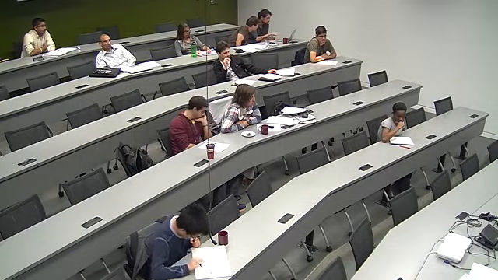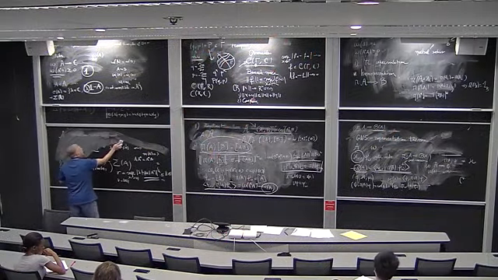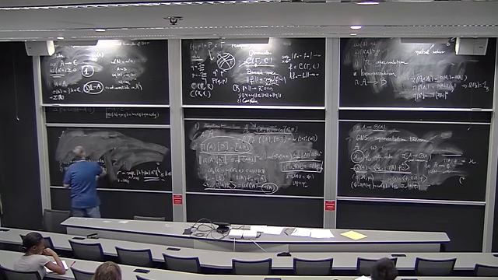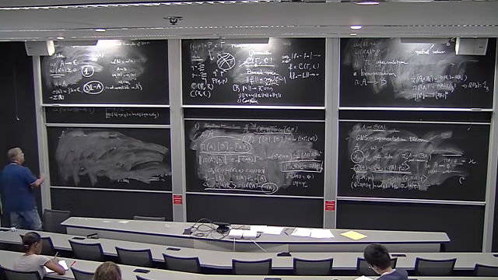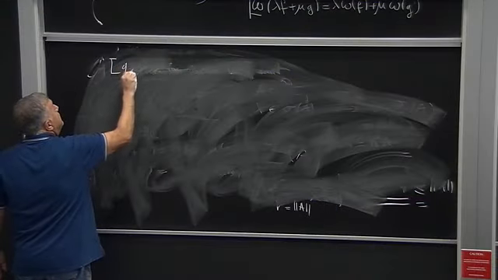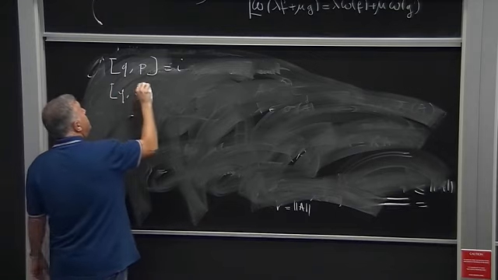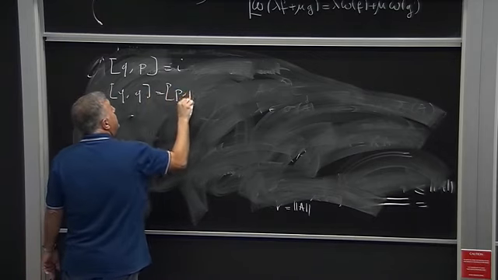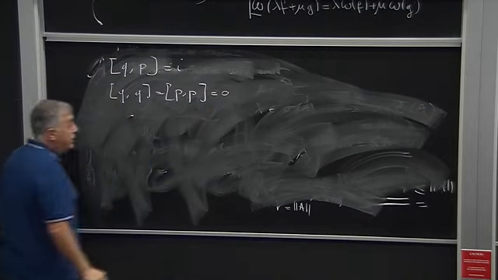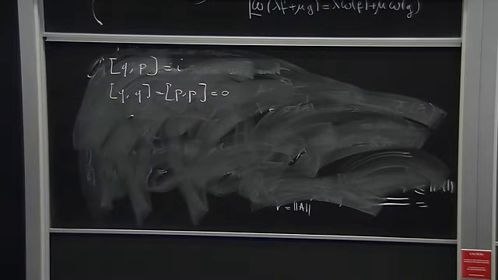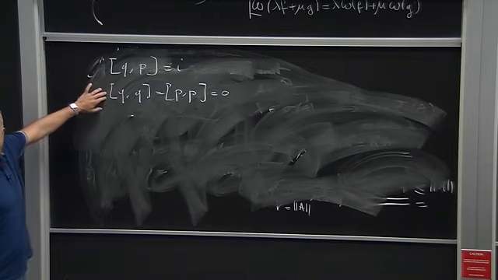Now we get into a concrete algebra. So we have the Heisenberg algebra. Of course, this is not a very good way of writing it, because this cannot be bounded operators.